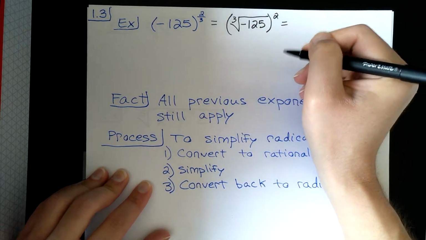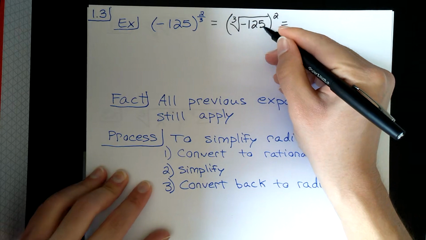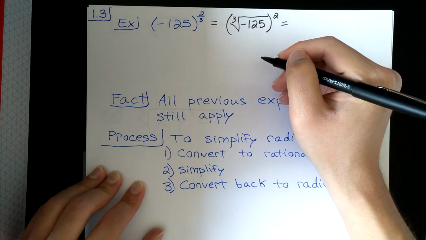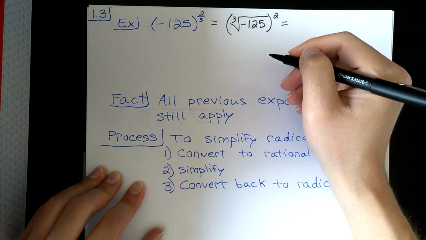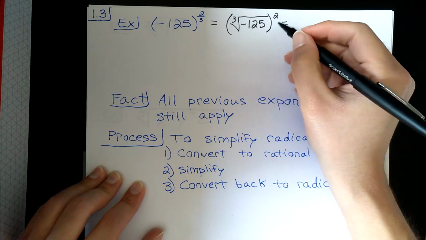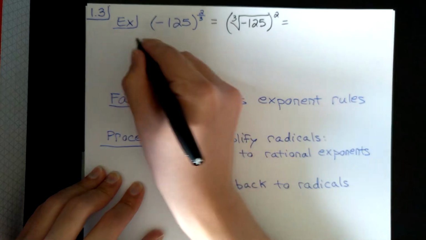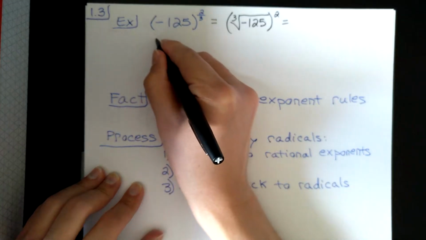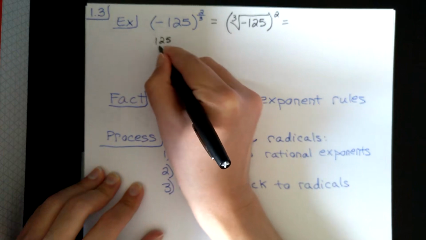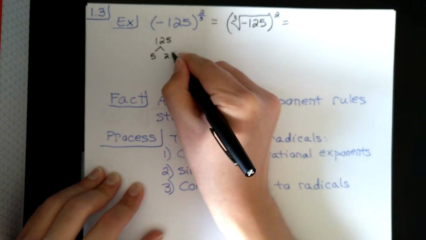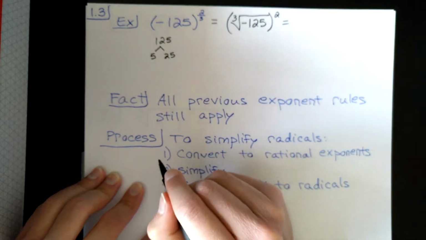Negative 125, notice it ends in a 5. If your number ends in a 0 or 5, then you can divide it by 5. So, let's see what happens if we were to divide this by 5. I'm going to do the prime factorization over to the left. If we divide by 5, we'll be left with 25.